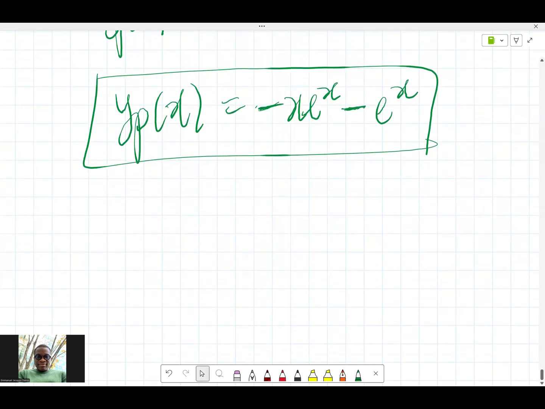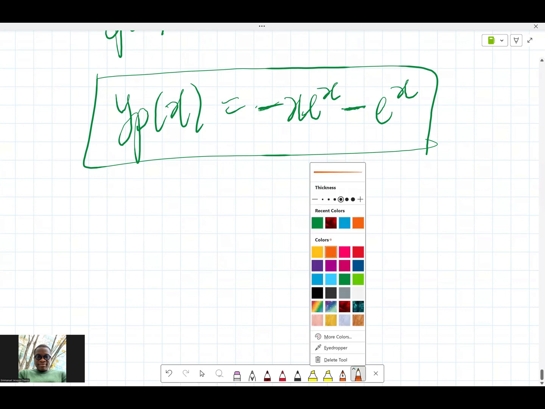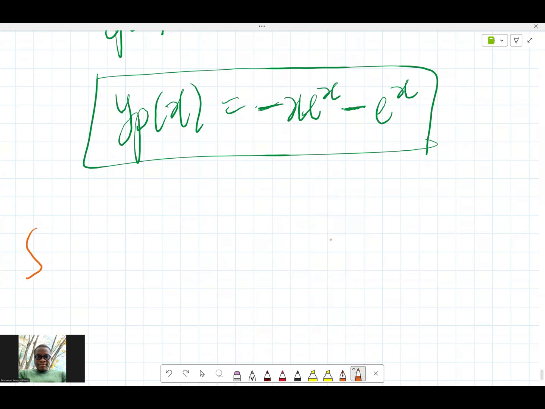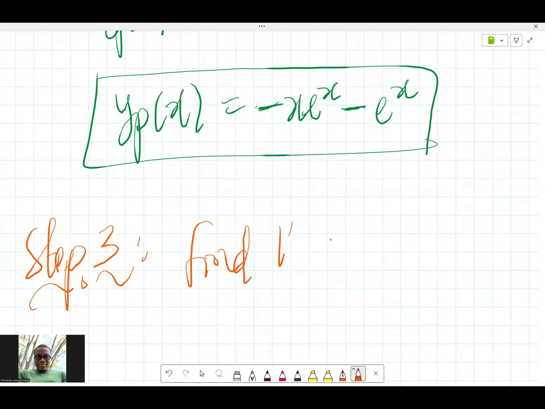So step 3 now, the overall step 3. Find the general solution.